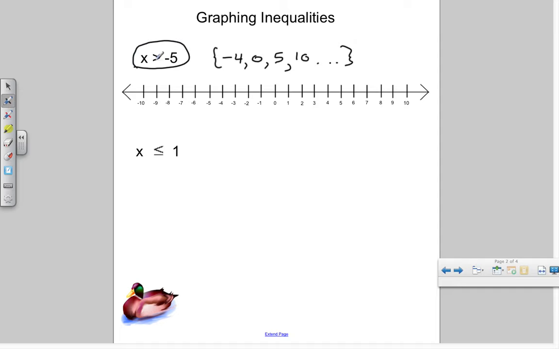So I said x has to be larger than -5, so I find -5 on my number line. But because -5 is not included, I'm going to put an open circle on -5, saying that it can't really be -5. But x can be bigger than -5. So that means it can be -4 and -3 and -2 and -1, etc., etc. But it can be everything in between too.